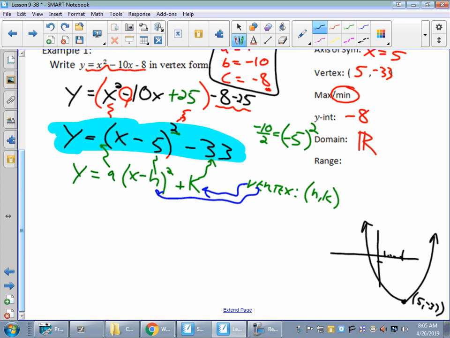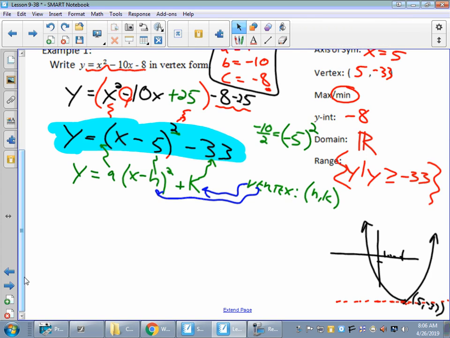So that's the lowest point. For our range, it's everything above negative 33. So we would write y such that y is greater than or equal to negative 33. Okay? And we put that in brackets. And we're good to go.